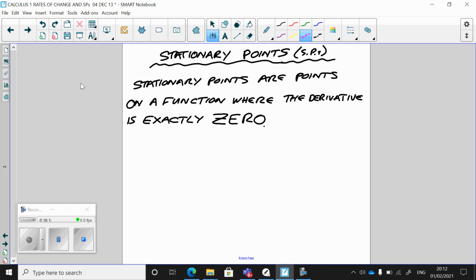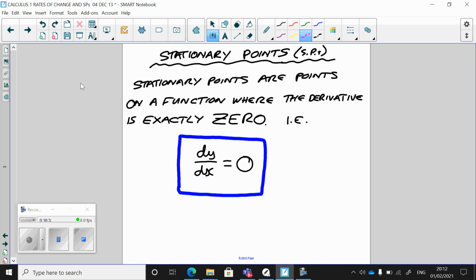I usually hate that word function. We just talk about on a curve where the derivative is exactly 0. So if I put a line on a curve and that line was horizontal, then its derivative would be 0. That's very important. That's a condition for finding stationary points. So whenever they talk about stationary points, get a derivative and set it equal to 0.